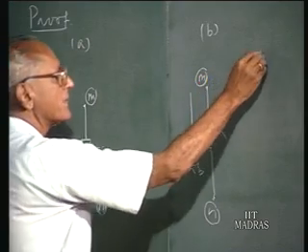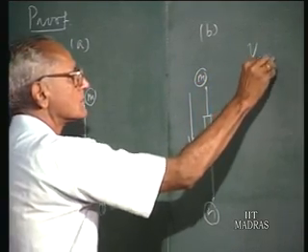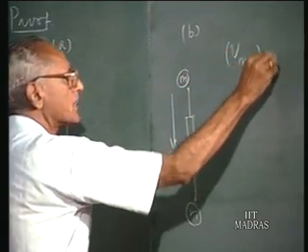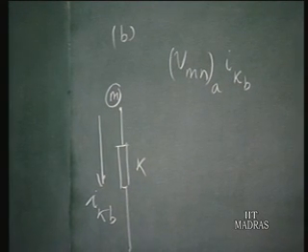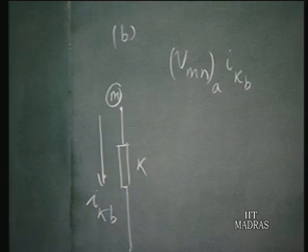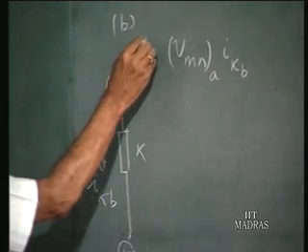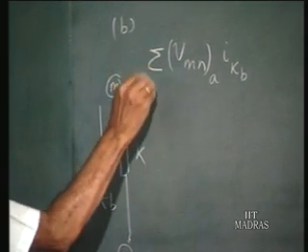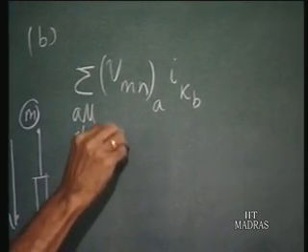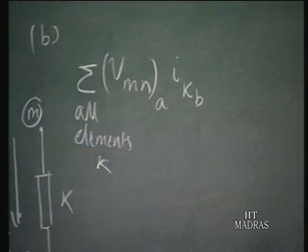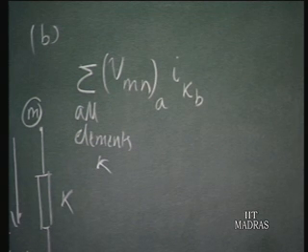So Vmn A multiplied by Ikb. That is the product we want to take, and then sum them up over all possible elements k. So we do that for all elements k. We want to show that this is going to be equal to 0.